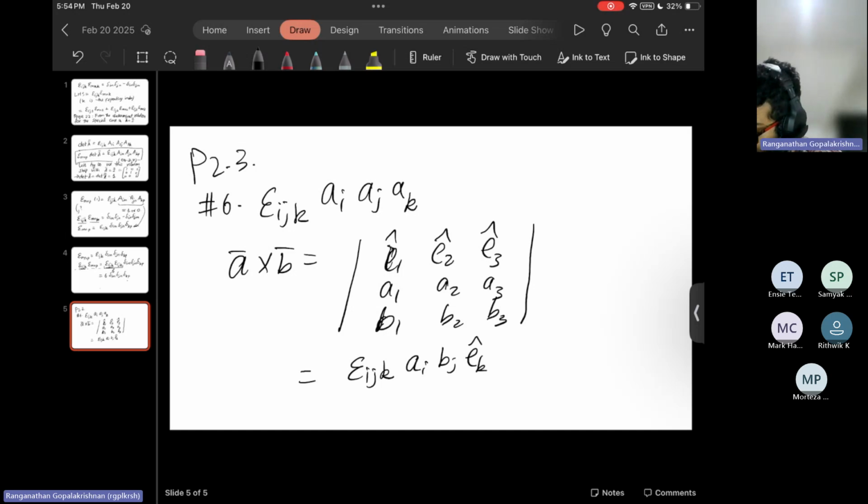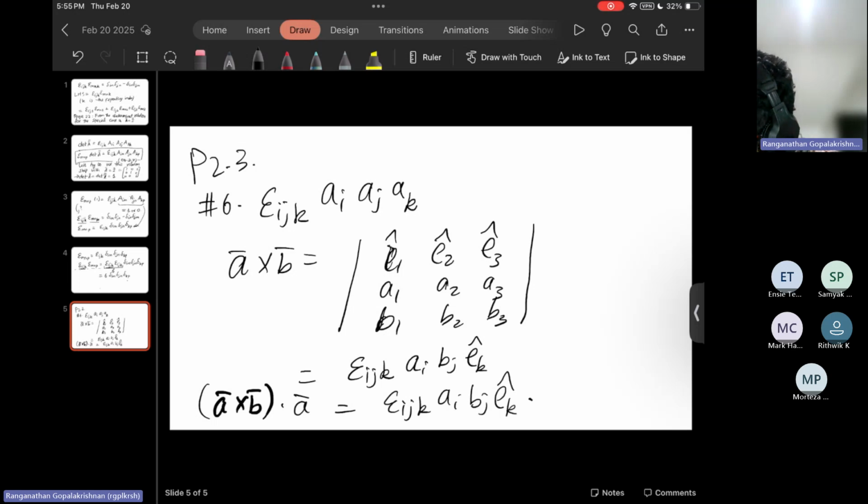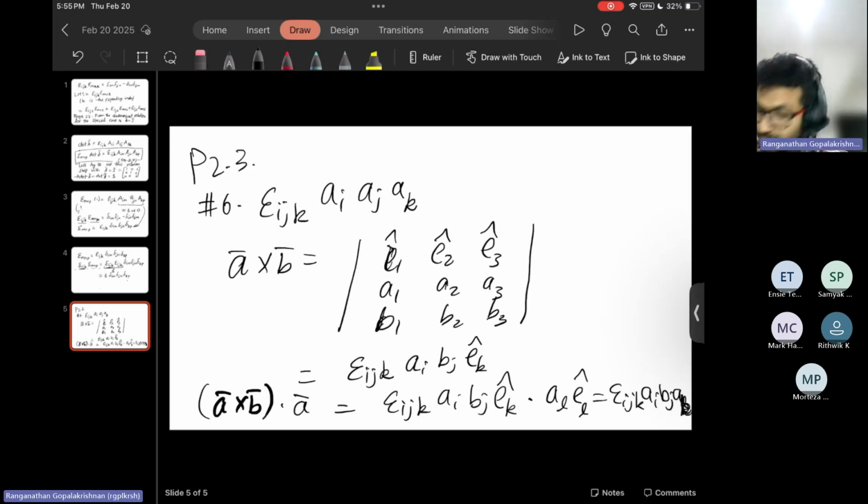This is shorthand for writing this. What you have here is AI AJ AK. So if you take A cross B dot A, that would be epsilon ijk AI BJ EK dot AL EL, which is epsilon ijk AI BJ AK. Are you with me so far?